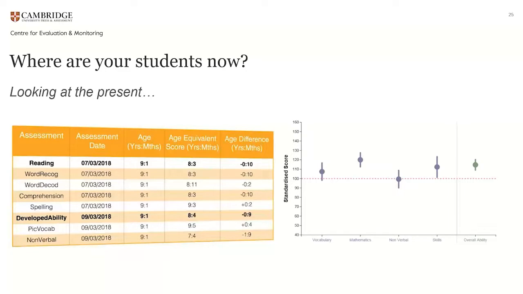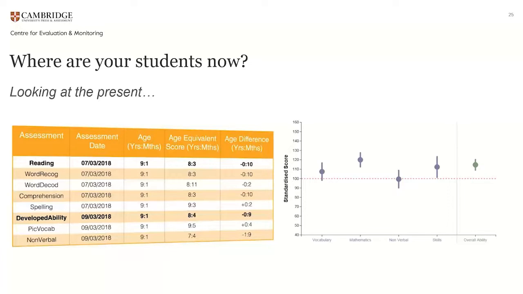So you've got a standardized score here. 100 is what we'd expect a child of that year group to achieve, around about 100. And then you've got their vocabulary, mathematics, non-verbal skills, and their overall ability score as well. So again, you can look at individual students, where are their strengths, where are their weaknesses, how can we best support them.